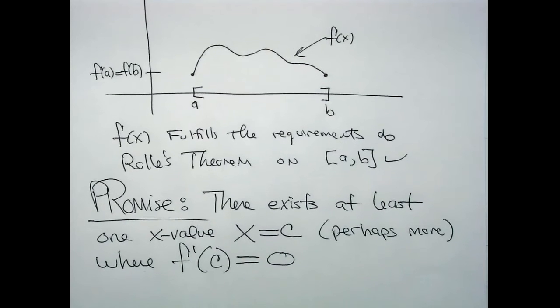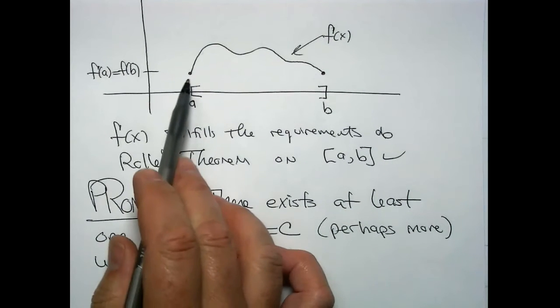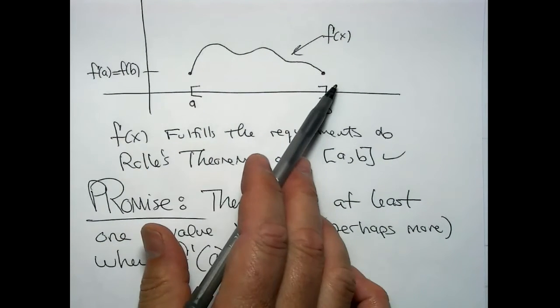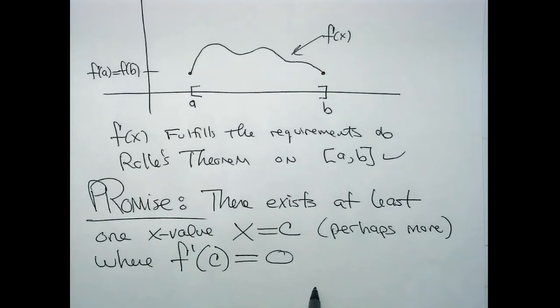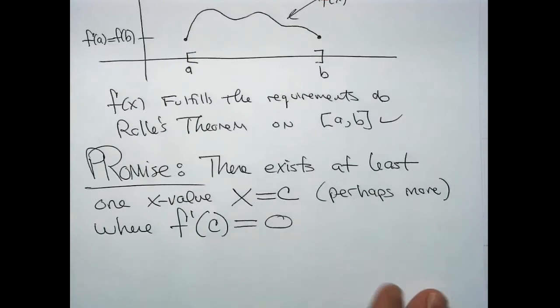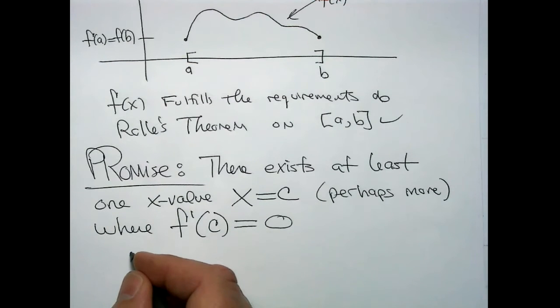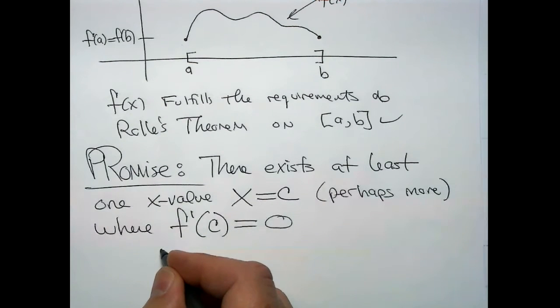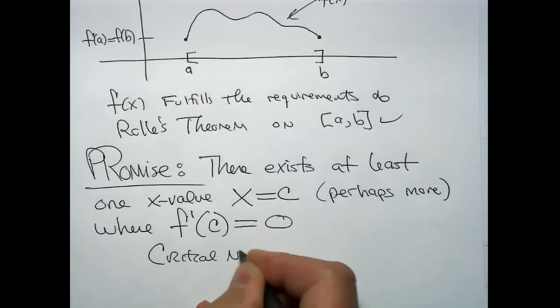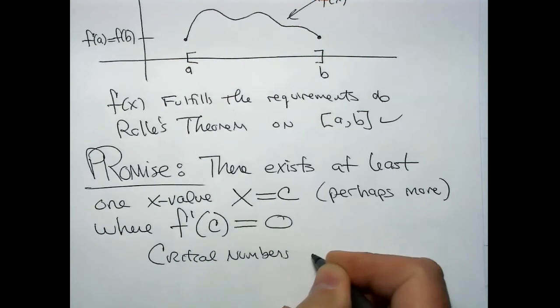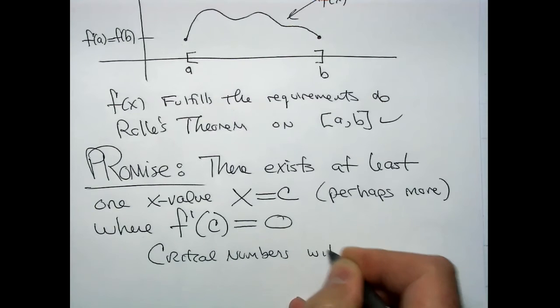So what is the promise? I guess the promise is for a continuous, smooth curve where the y values match on the endpoints, they're promising you critical numbers. So the promise is there are critical numbers somewhere within this interval.